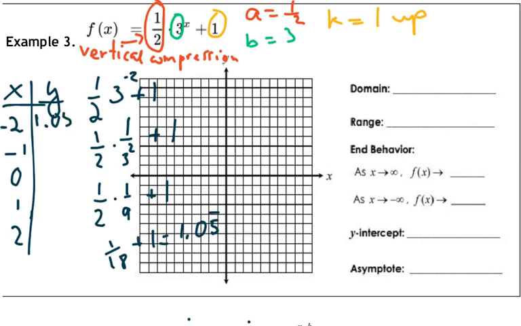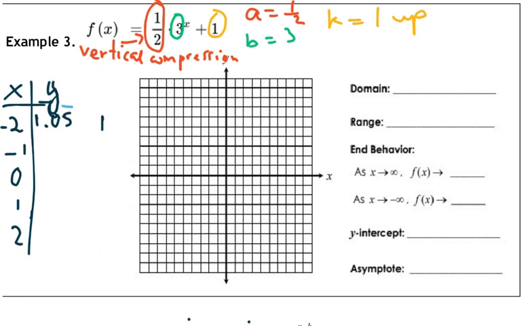The next value that we need to plug in is -1, so 1/2 times 3 to the negative first power plus 1. This means 1 over 2 times 1 over 3, and then it's 1 over 6 plus 1. In decimal form, this is 1.16 repeating.